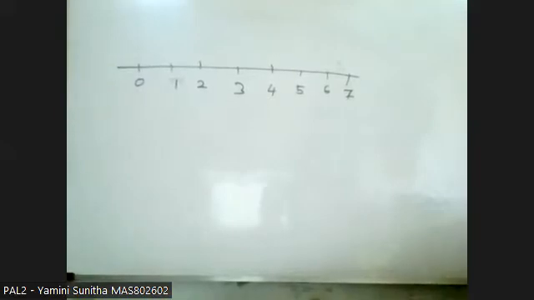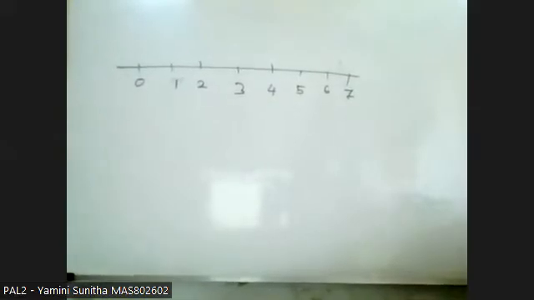When whole numbers are represented, it's a whole number line. When rational numbers are represented, it's a rational number line. Whole numbers include 0. Integers include negative numbers also. Rational numbers mean fractions also will be represented.